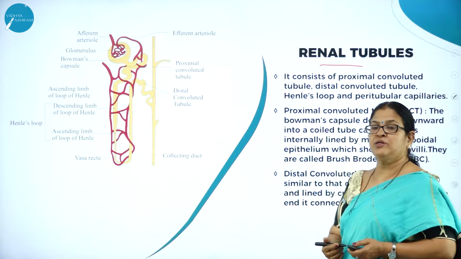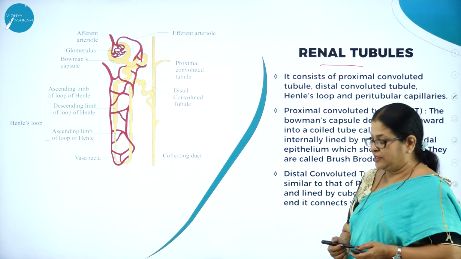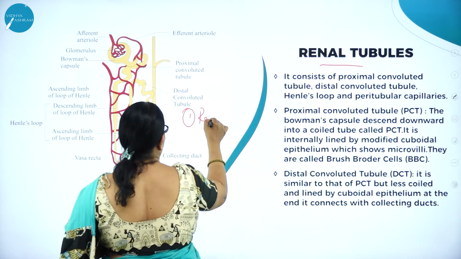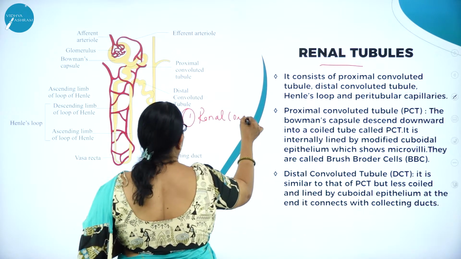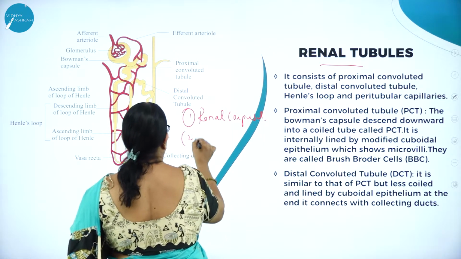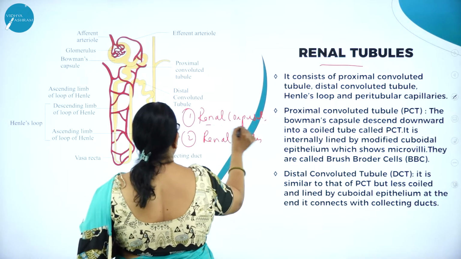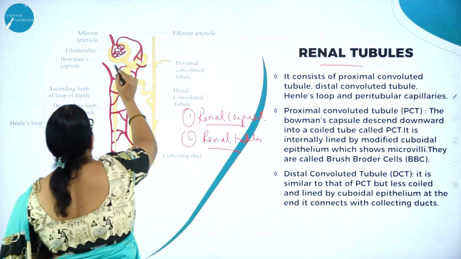We studied about the structure of a nephron in the last session, which consisted of two very important parts called renal corpuscle and renal tubules. In the last session we studied the renal corpuscle.